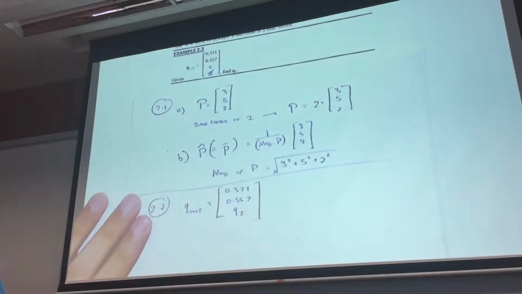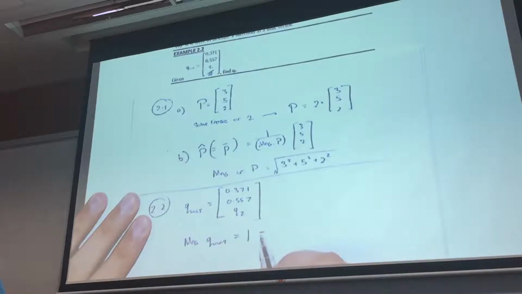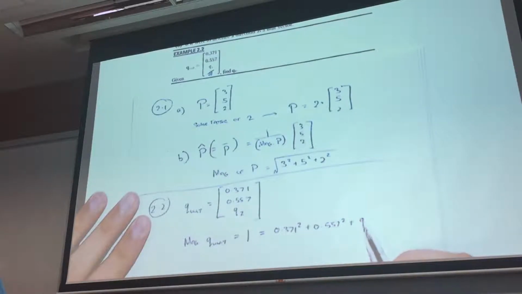The magnitude of Q unit will be equal to 1. And what is the magnitude of Q unit? 0.371 squared plus 0.557 squared plus Qz squared, square root this.